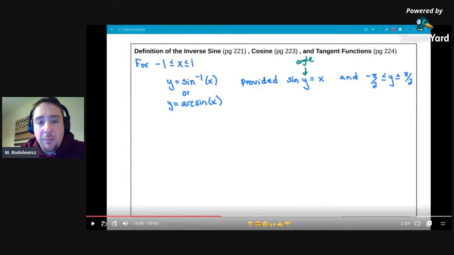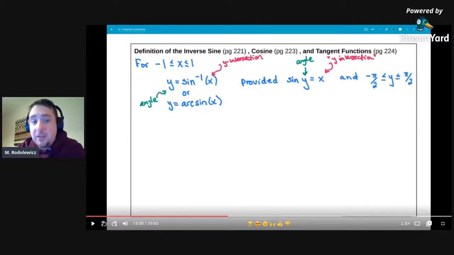So going back to that previous definition, try to internalize the word angle and y intersection or x intersection along the unit circle. But sine and cosine and tangent input an angle. The sine outputs the y intersection. The inverse sine inputs a y intersection and gives you back the angle.